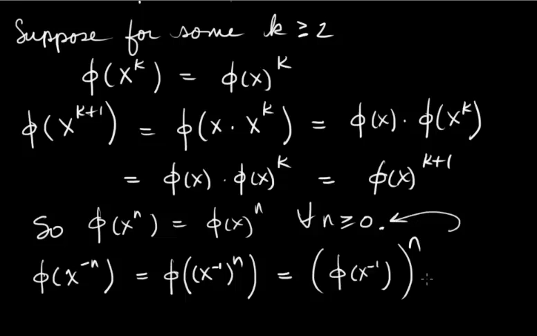And by part 2 of the proof, phi of x inverse is equal to phi of x inverse, so we get phi of x to the minus n. So therefore we proved part 3 completely by induction.